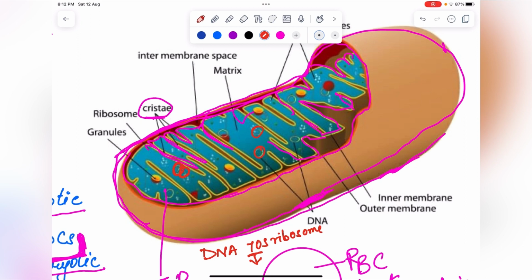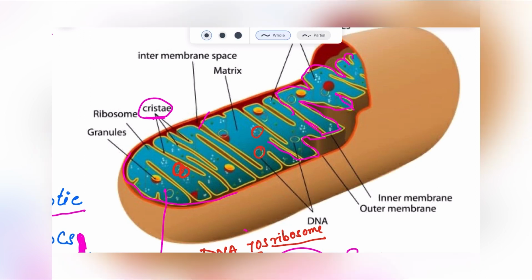The mitochondria have their own ribosomes, and these ribosomes help in the formation of the mitochondrial membrane.